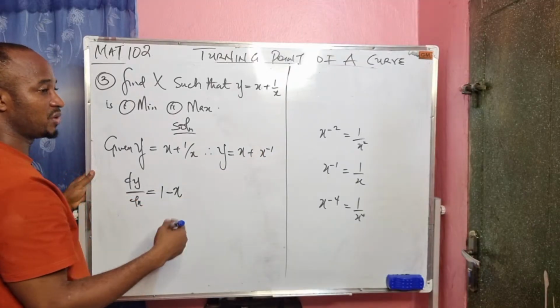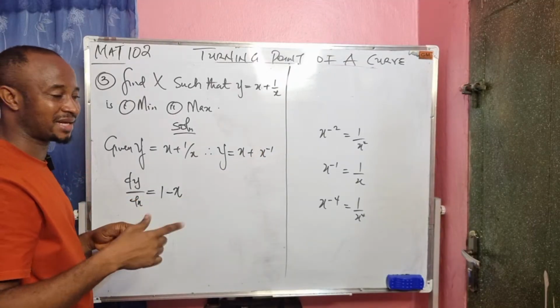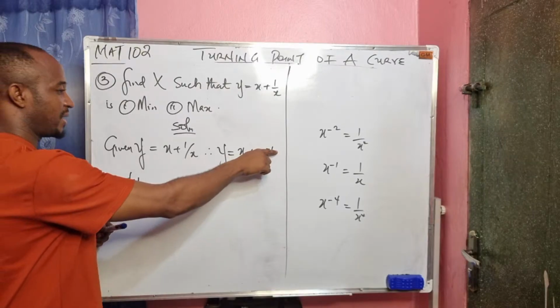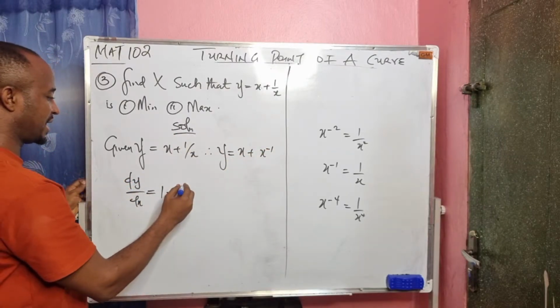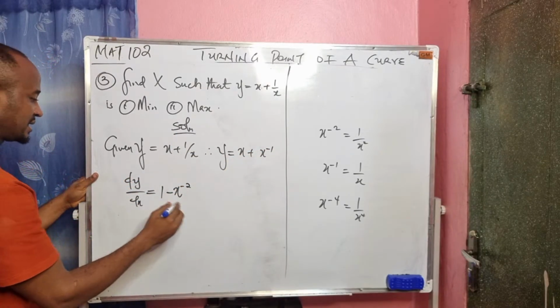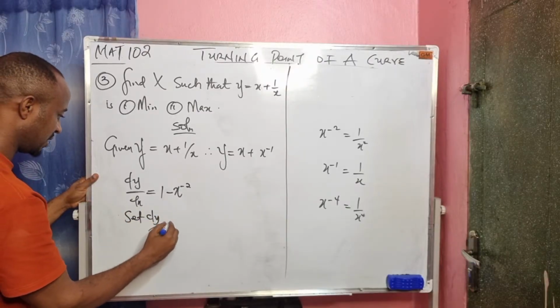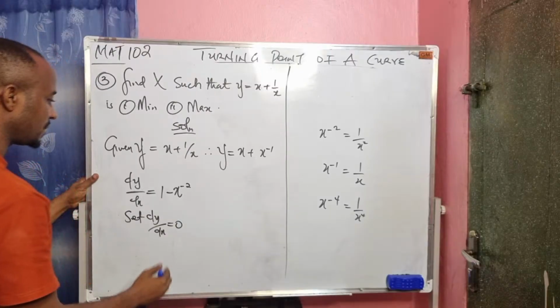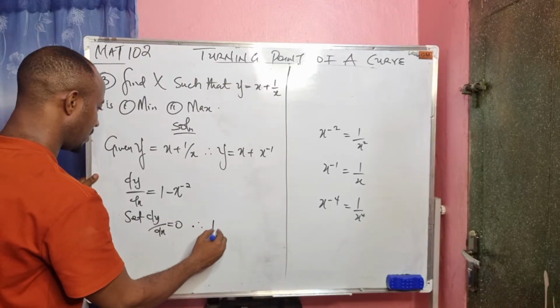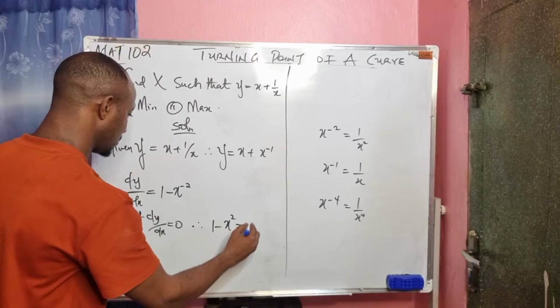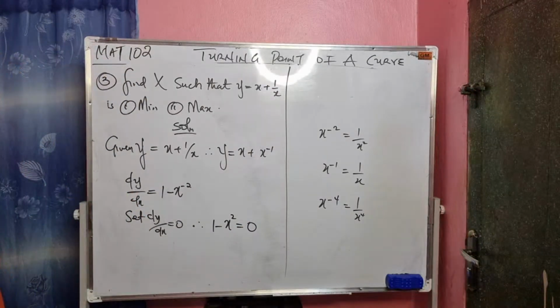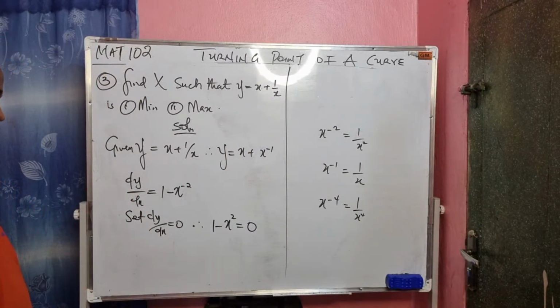Then the rule says when you multiply, we have to subtract 1 from the power, so minus 1 gives us minus 2. Then the next step is to set dy/dx equals to 0. Therefore, that will give us 1 minus x to the power of minus 2 equals 0. Now we have set our dy/dx equals to 0.